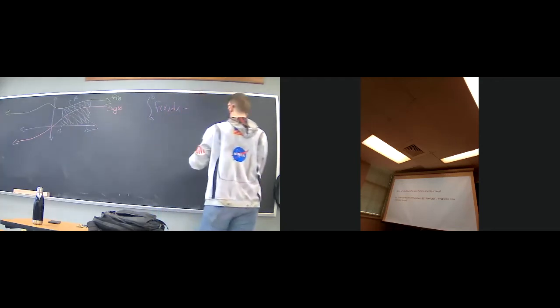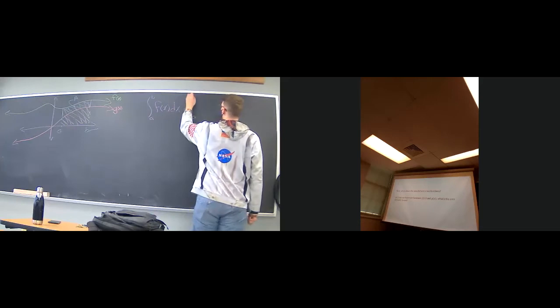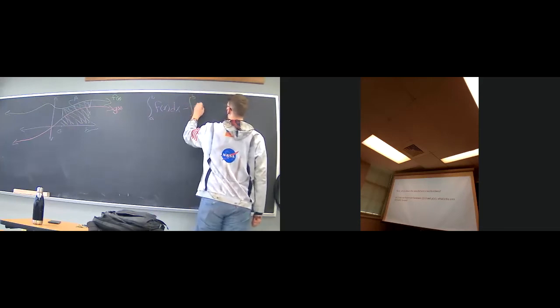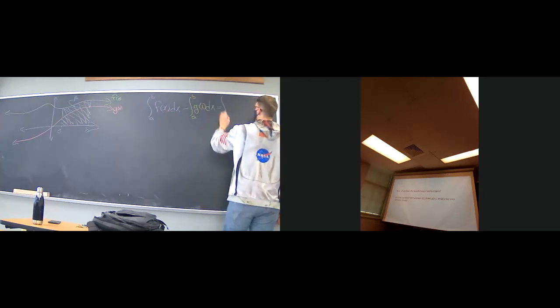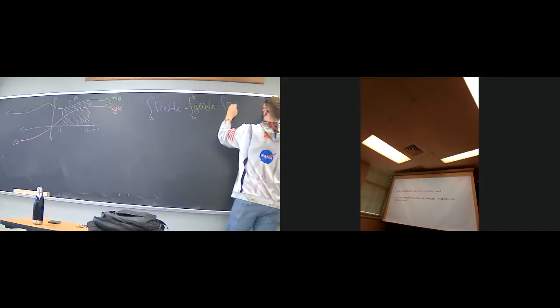So the area from A to B under f of x dx minus the area from A to B under g of x dx, that's going to be equal to, we can rewrite this as, the area from A to B between f of x and g of x. And that is the equation for this area up top.